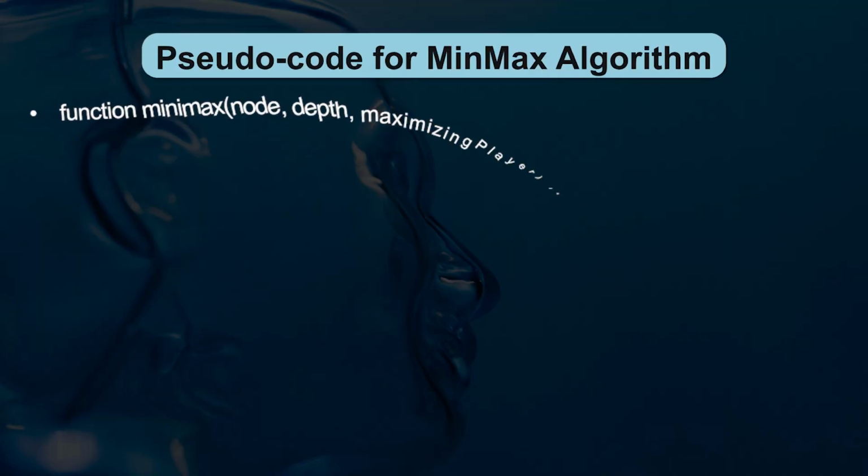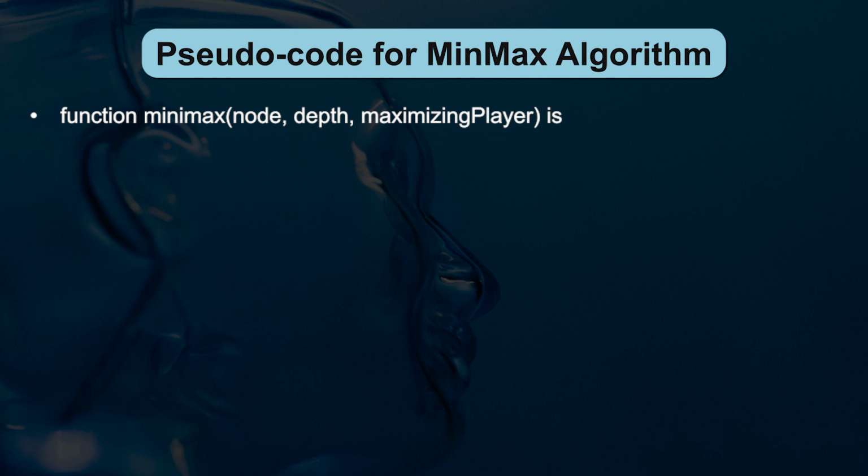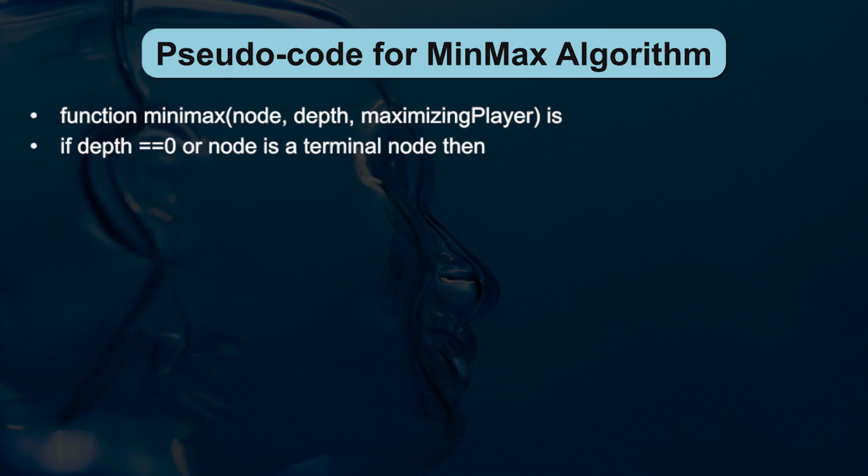Here we have the pseudocode for the minmax algorithm. First, function minmax(node, depth, maximizingPlayer). Second, if depth is equal to 0 or node is a terminal node, then step 3, return the static evaluation of the node.